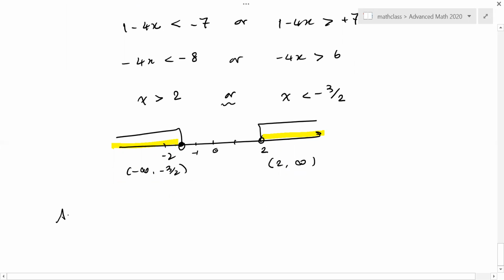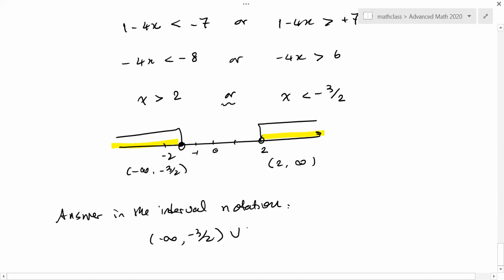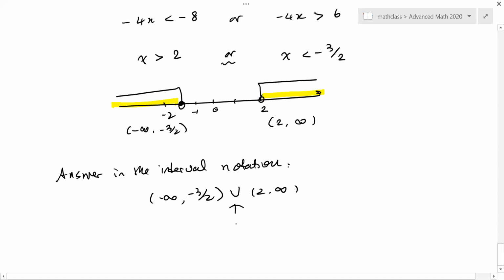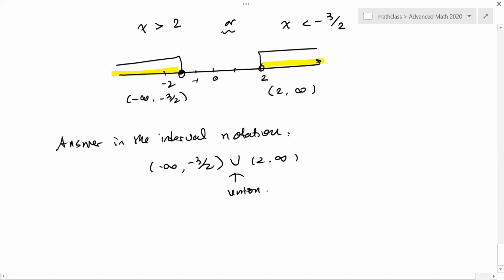So the answer in the interval notation will be this. Usually you have to say "or," but I'm going to use this one. That's called the union of these two intervals. When you read it, you can say either this interval or that interval. And that's called interval notation.